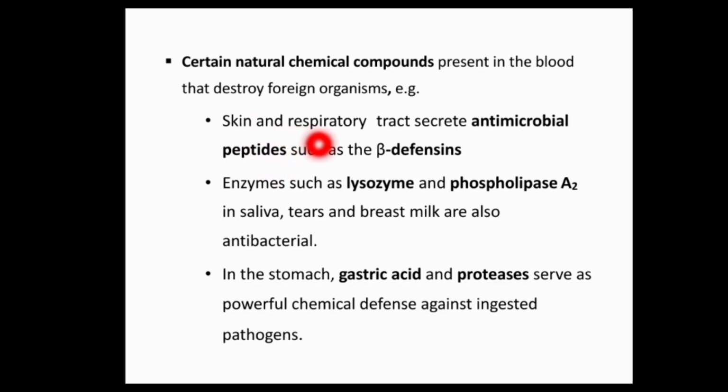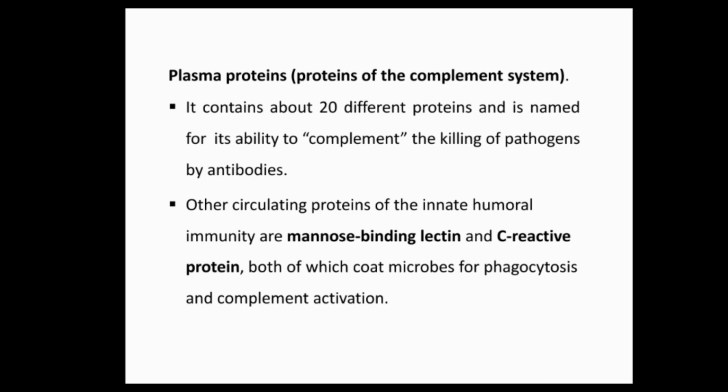Beta defensin is an antimicrobial peptide present in the skin and respiratory tract. Lysozyme and phospholipase are enzymes present in saliva, tears, breast milk, and in the stomach. Gastric acid and protease are a powerful chemical defense against ingested pathogens.